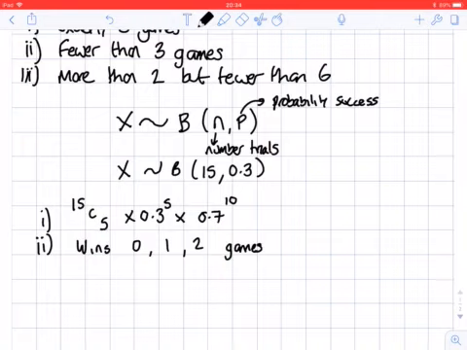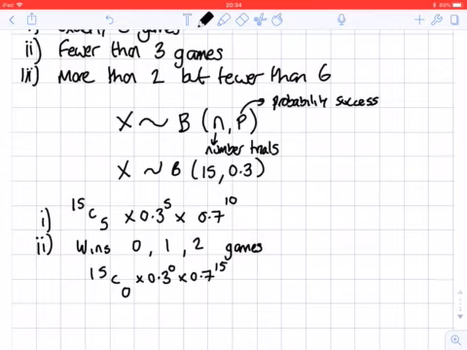So let's look at the probability of him winning no games. Well, that would be from the 15 trials, how many ways can you have 0 wins? Obviously his probability of success, it would be 0.3 to the 0 times 0.7 to the 15. So in other words, you're looking for the branch where there's no wins and there are 15 losses, and I think you'll find 15 choose 0 will only be 1.